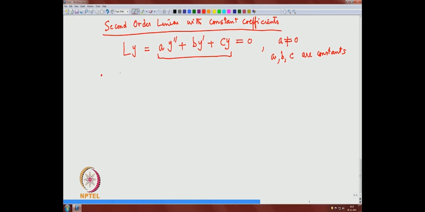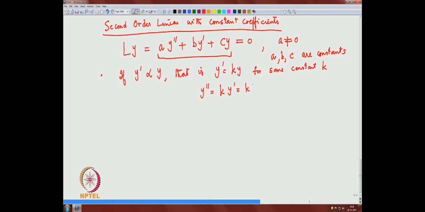The one observation is that if y prime is proportional to y, that is y prime is equal to k y for some constant k, that will immediately tell you y double prime is equal to k y prime, but y prime is k y.